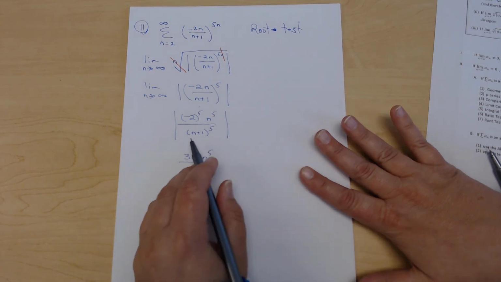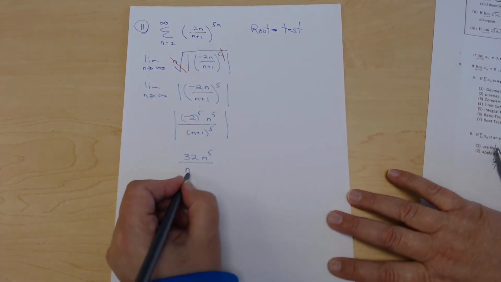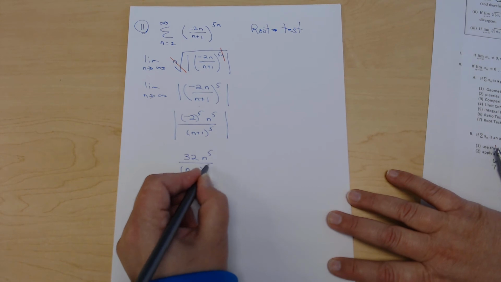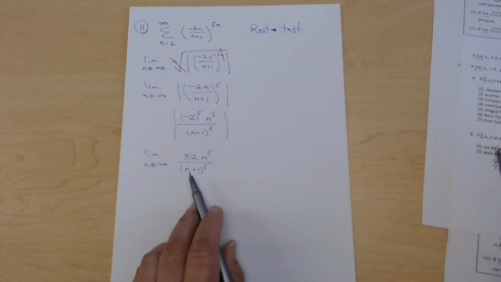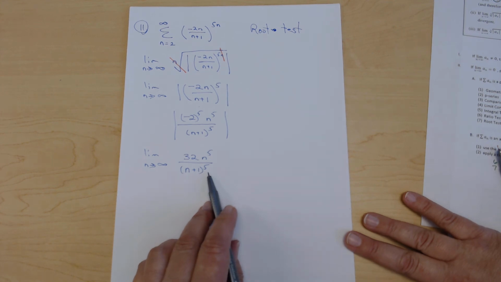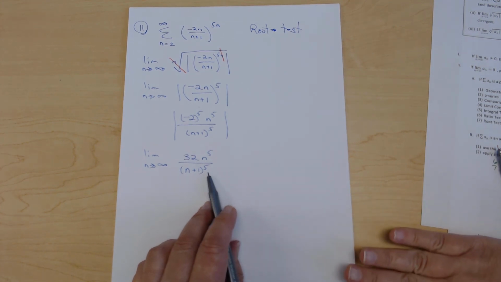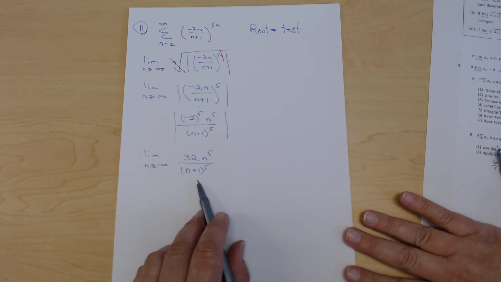Now, we got to investigate this a little bit. n plus 1 to the 5th. Normally, I would multiply that out, but I don't want to write this out 5 times and multiply it. I really only care about the very first term.